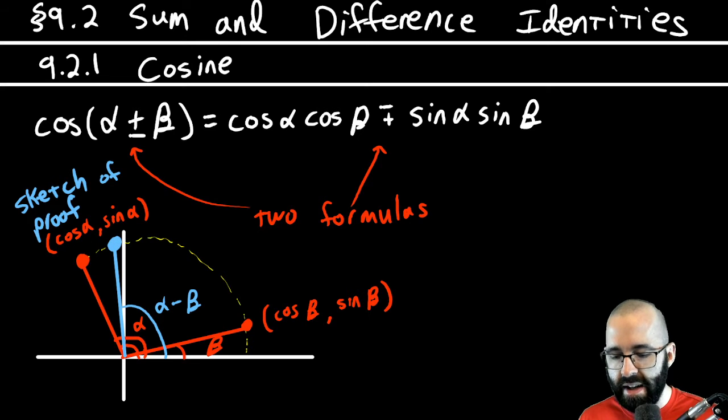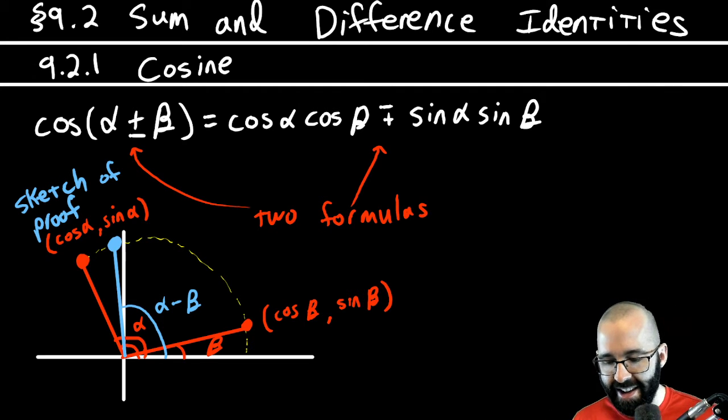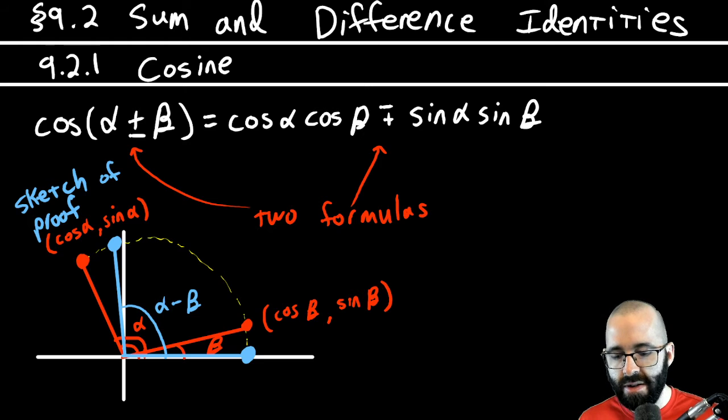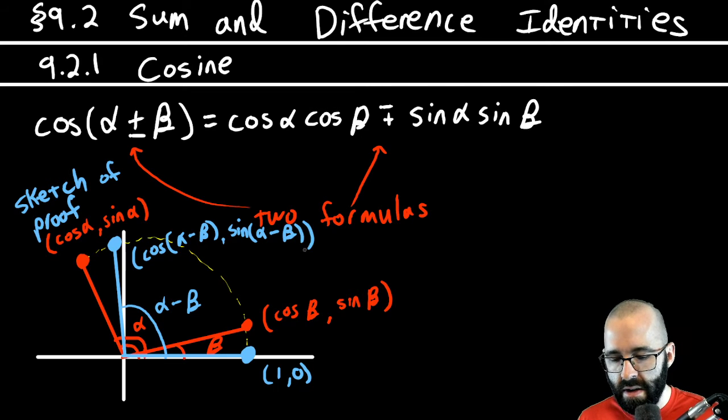So again, there's a point right here. This is the cosine of that angle, alpha minus beta, comma, the sine of that angle, alpha minus beta. All right, and you can look at one more point on the unit circle. What's this point on the unit circle? It's the point 1, comma 0. All right, so basically, again, this is the cosine of alpha minus beta. This is sine of alpha minus beta.